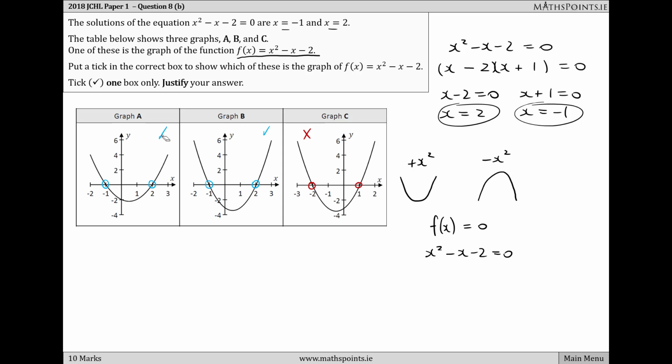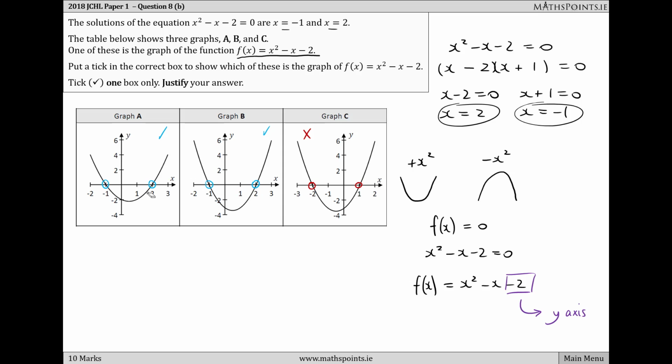To finally narrow it down from graph A and B, we're going to see where this curve cuts the y-axis. If I write down the function f of x equals x squared minus x minus 2, the term that's independent of x in a quadratic function, in this case minus 2, is the value where the curve cuts the y-axis.